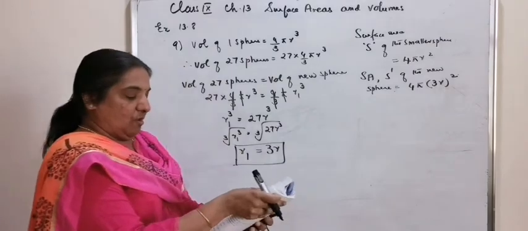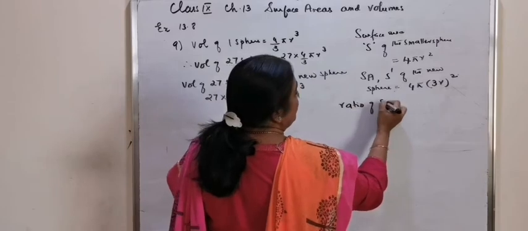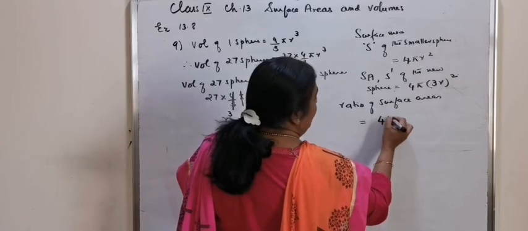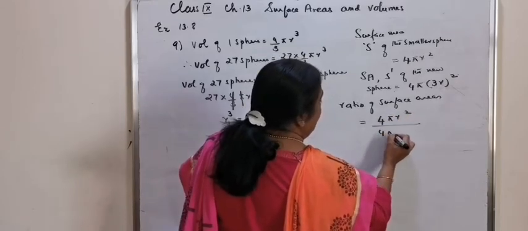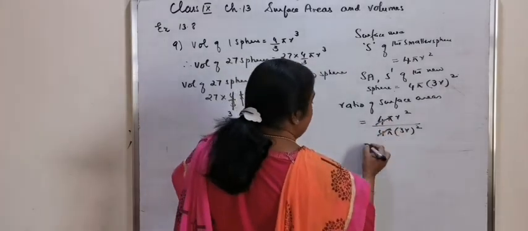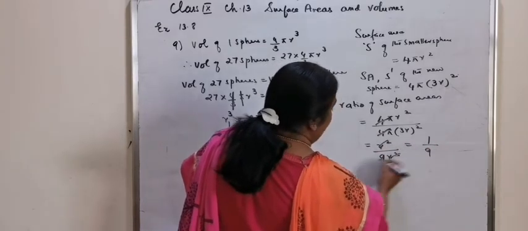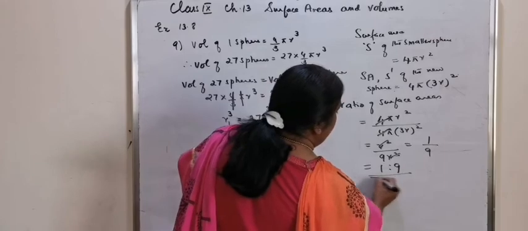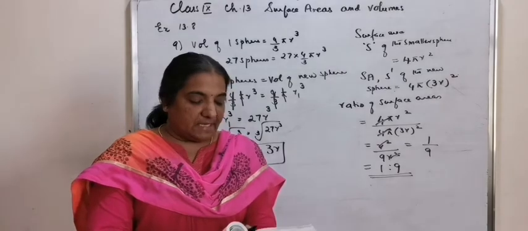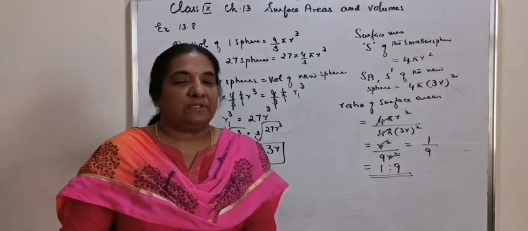So the ratio of s and s dash, the ratio of surface areas, is equal to 4 pi r square divided by 4 pi into 3r the whole square. Same way, equal quantities cancel. It's the same as r square by 9 r square, so the ratio is 1:9. The ratio of the surface areas is 1:9, and the radius r dash of the new sphere is equal to 3 times the radius of the smaller sphere, that is 3r.